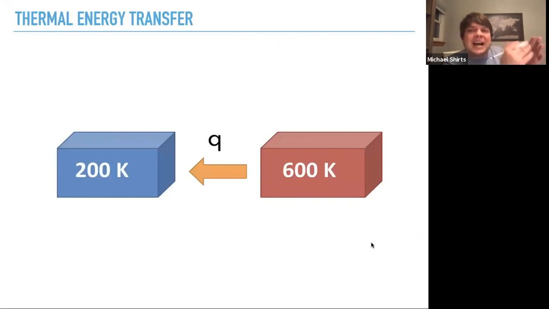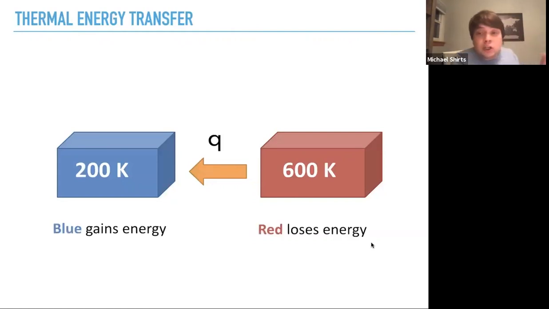And if it's in contact through some metal wall with a system that's colder, where the molecules are moving slowly, the hot ones will rattle up against the wall and heat it up, which will start causing the molecules inside the colder system to vibrate. So what we get is that the blue gains energy and the red loses energy. So we have a change in energy due to heat transfer.